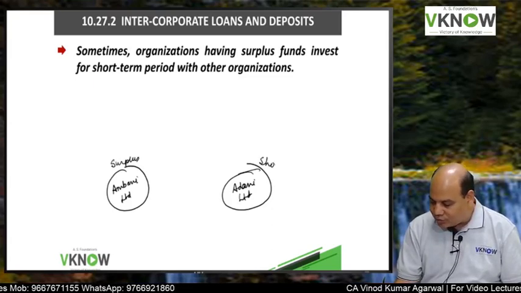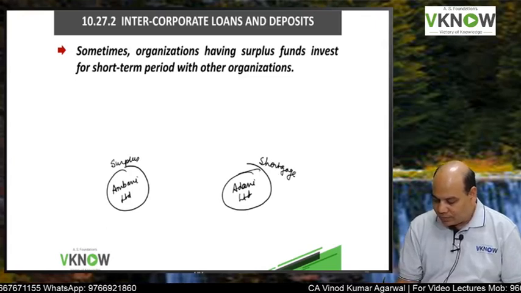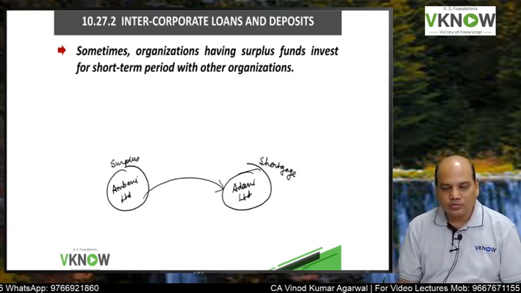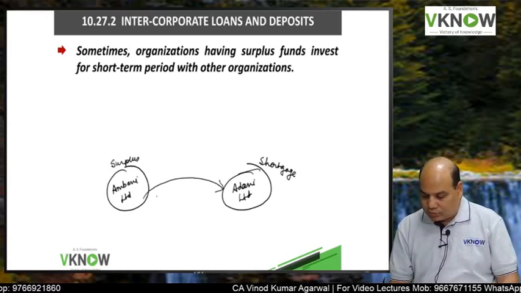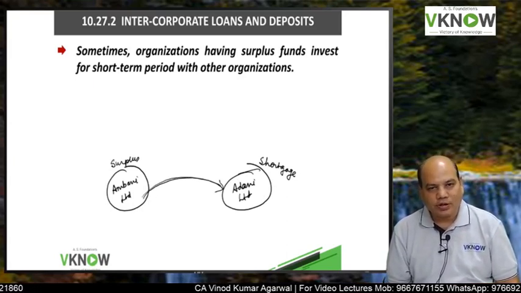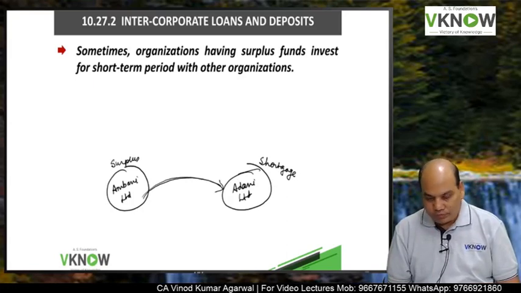They have shortage of funds. Very common in businesses. So then this one will give a loan to the other company at the market rate of interest. That is called intercorporate loans and deposits.